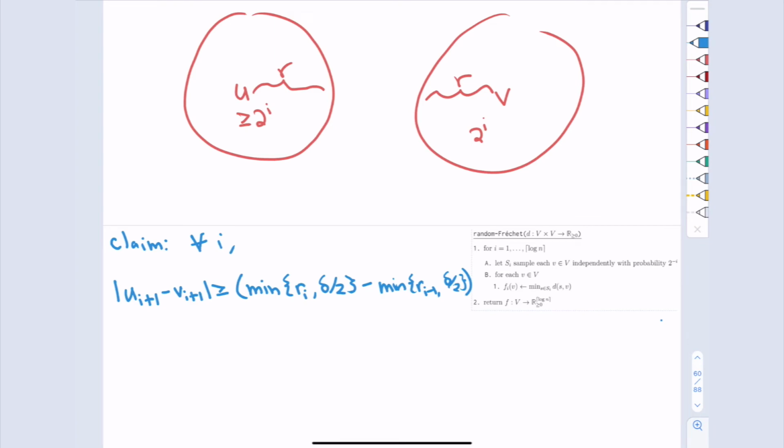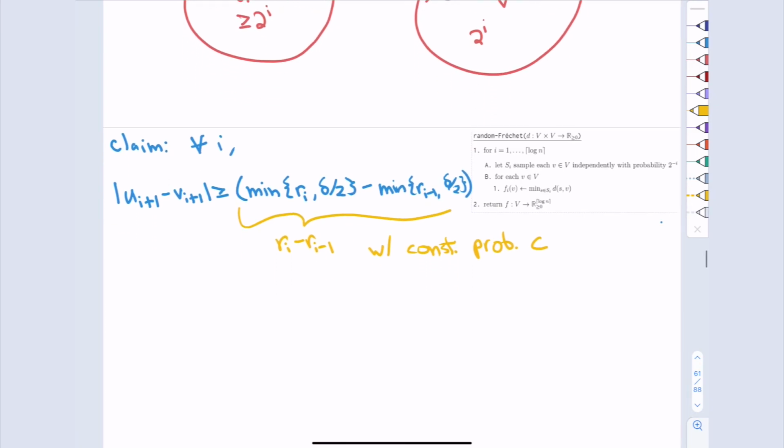Delta just represents an edge case, because delta is how far apart they are, and we know that the difference is going to be smaller than delta anyway. So don't worry too much about the delta. The really interesting case is when the r_i's are smaller, in which case it's saying it's bigger than r_{i-1} with constant probability c.